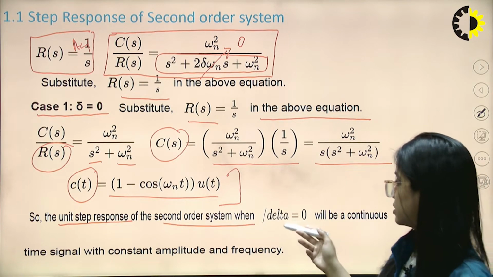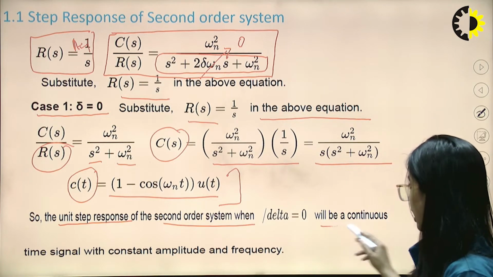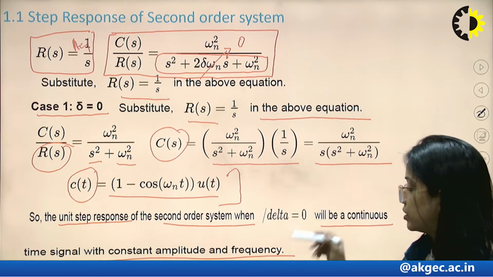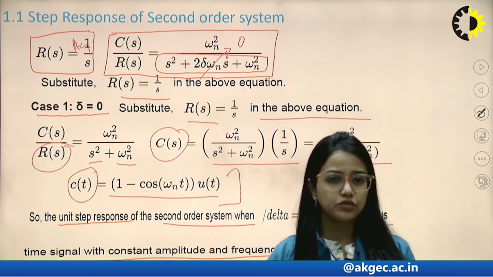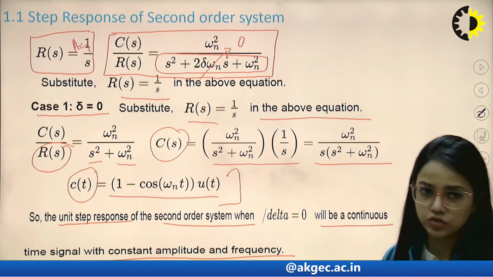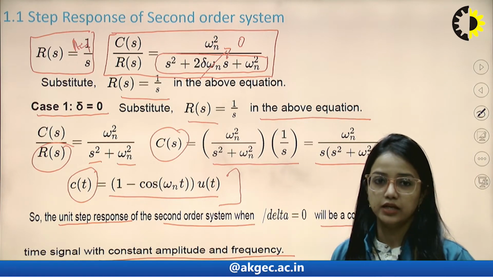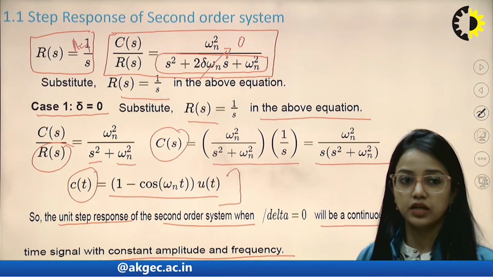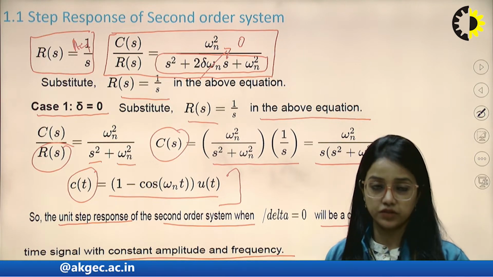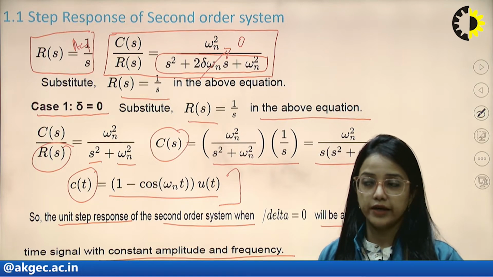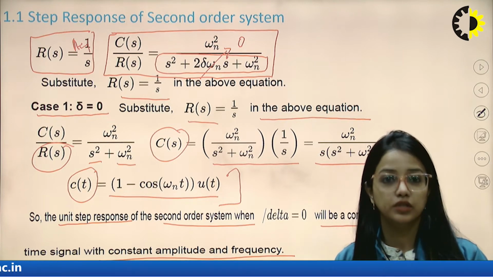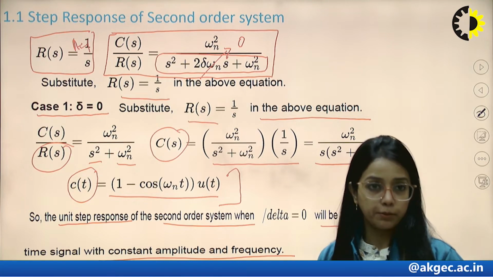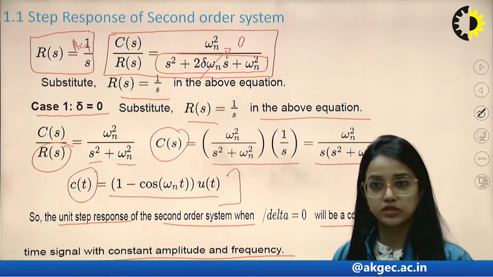Now here zeta will be equal to 0 and it will be a continuous time signal with constant amplitude and frequency. We have to see what has been said in this last sentence. So actually zeta equals 0 means there is no damping, since zeta represents the damping ratio.